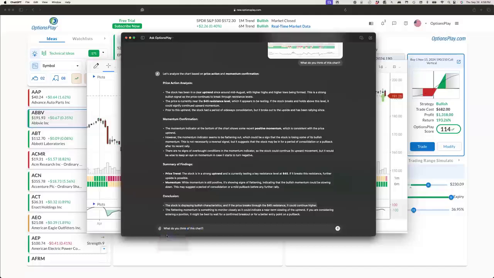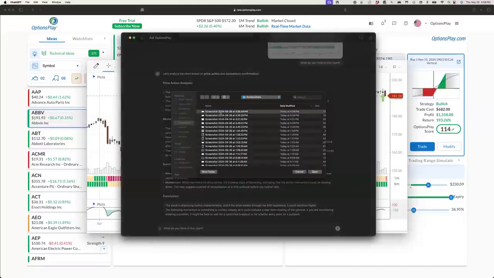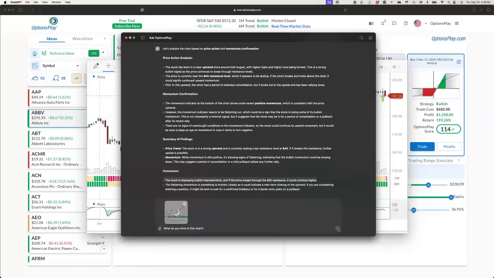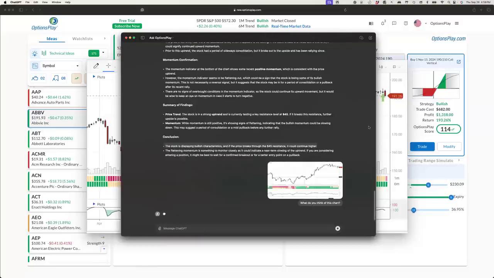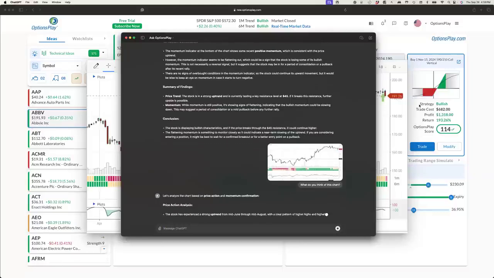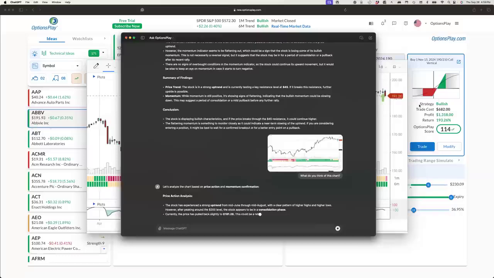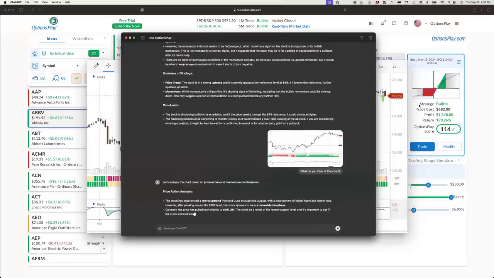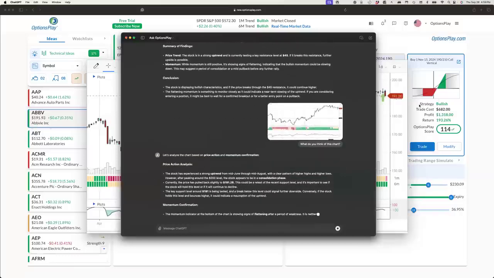We'll upload the AbbVie trade. And like I said, this ChatGPT assistant will pull all the data from the chart and be able to analyze it for you. You don't have to do anything else other than take a screenshot from OptionsPlay, and it will be able to give you all of that analysis.